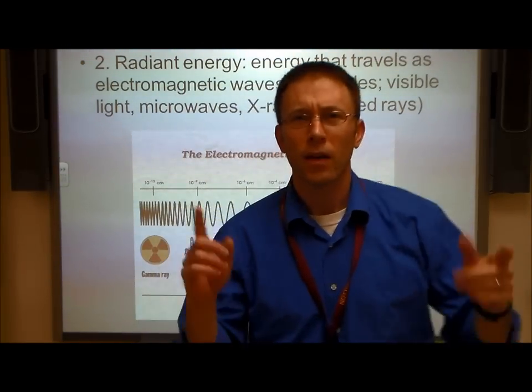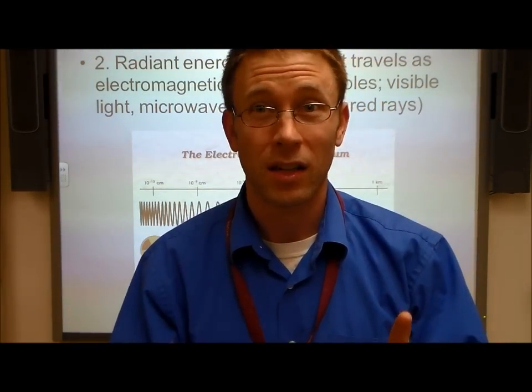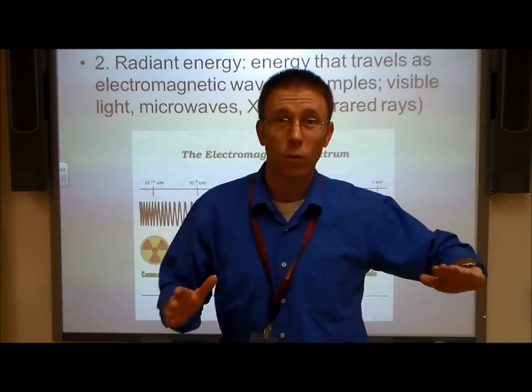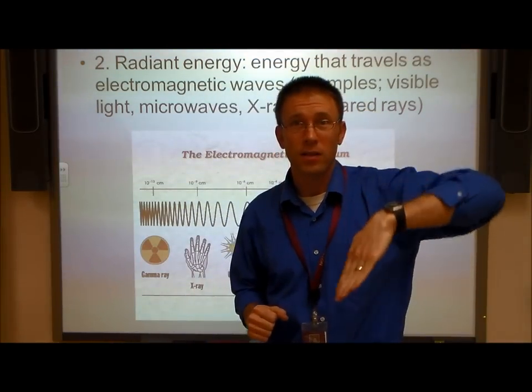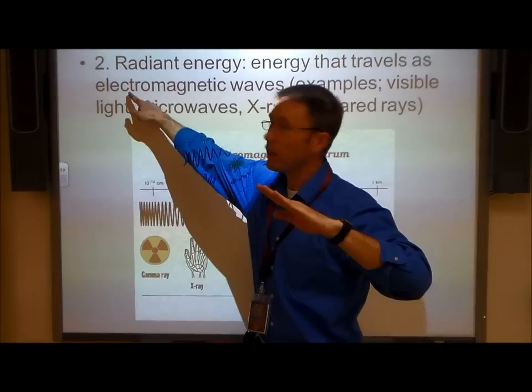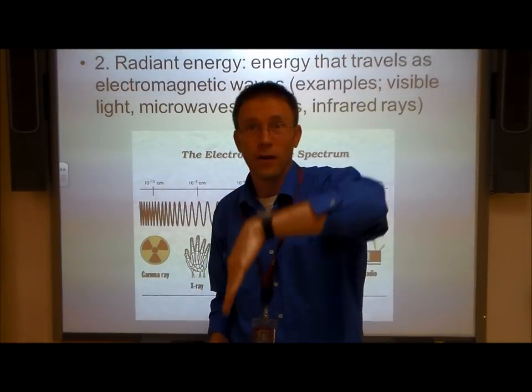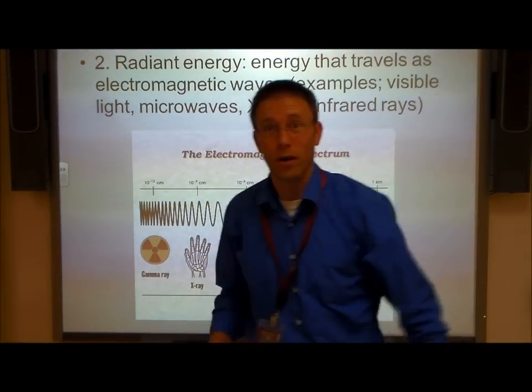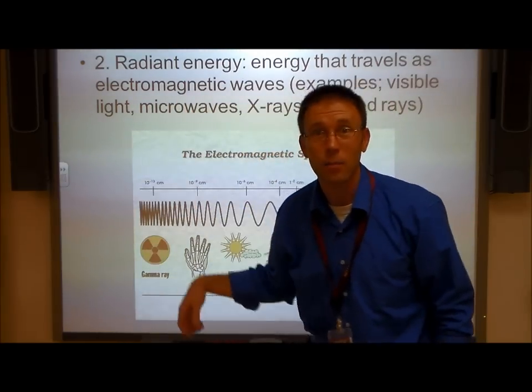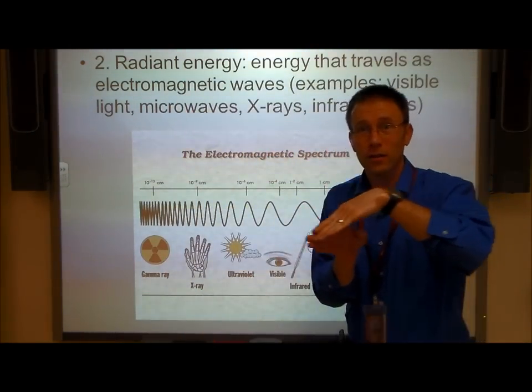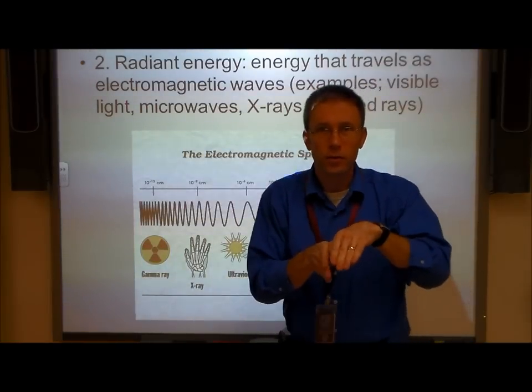I better stop. But now imagine that you actually have 2 waves combined. So one is going this way. Let's say this is the electric part. And then you've got another one, the magnetic part of the wave, that's going the other way. I better do this towards you so you can see.